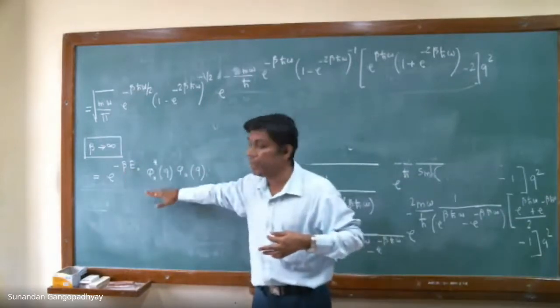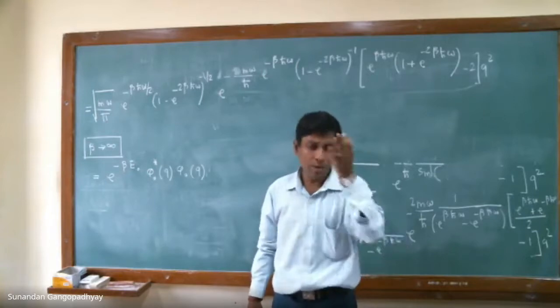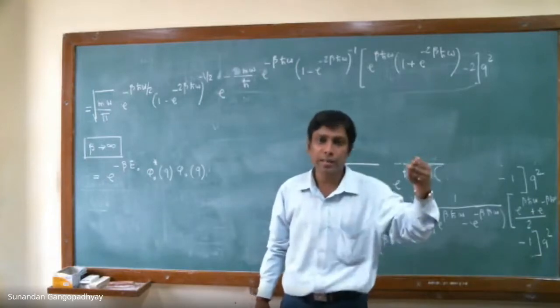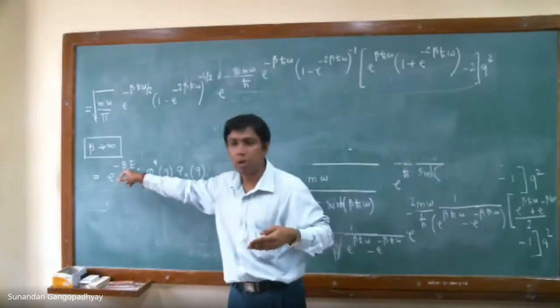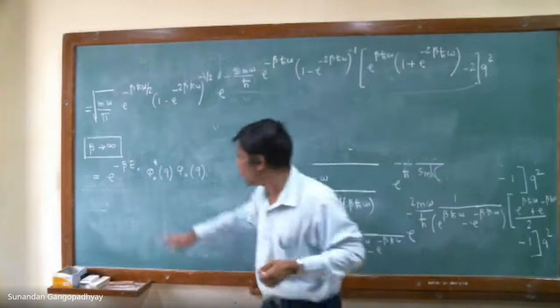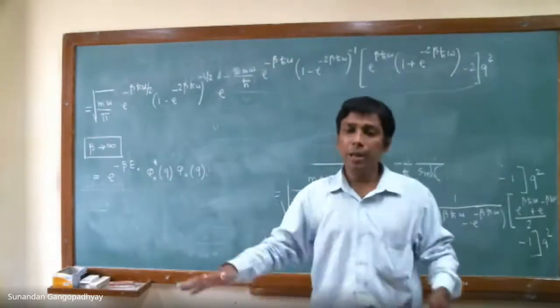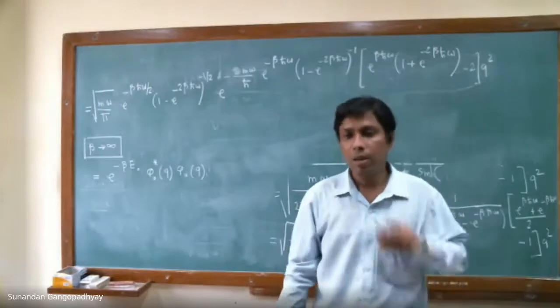So this is the leading term that you will get, because the higher terms contain the energies of the excited states, and they appear on top in this exponential factor, and therefore those terms will be suppressed, will be smaller compared to this term. And this we mentioned many times earlier also.